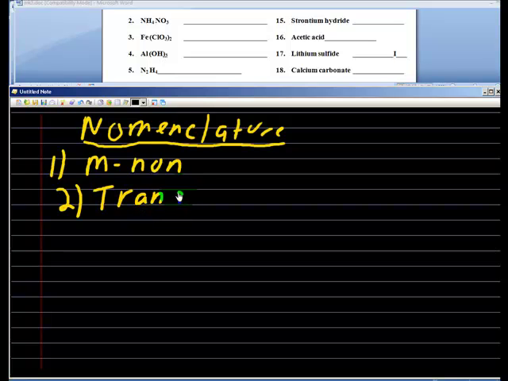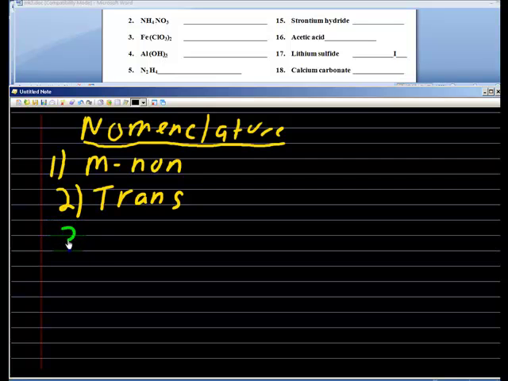Transition metals are things like copper, iron, zinc. Those are all transition metals. What's unique about the transition metals is they can have 2 different possible ion states. And to name those, therefore, has a little bit of a different set of rules.